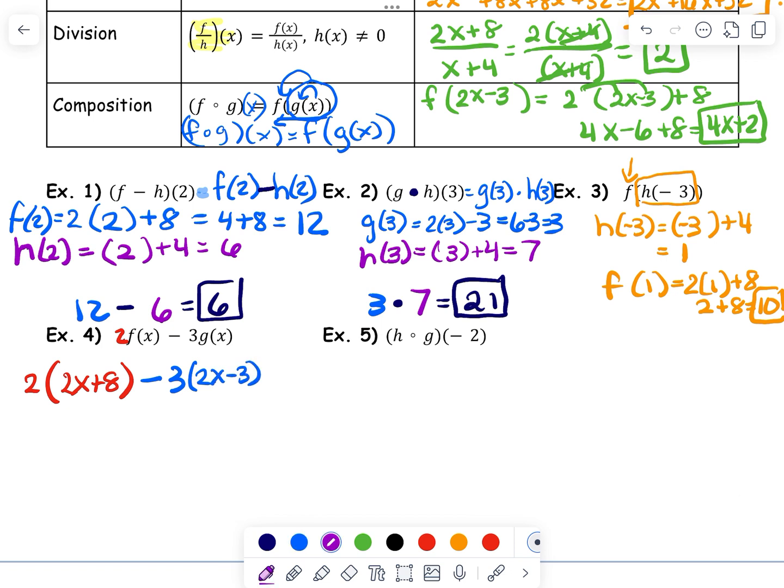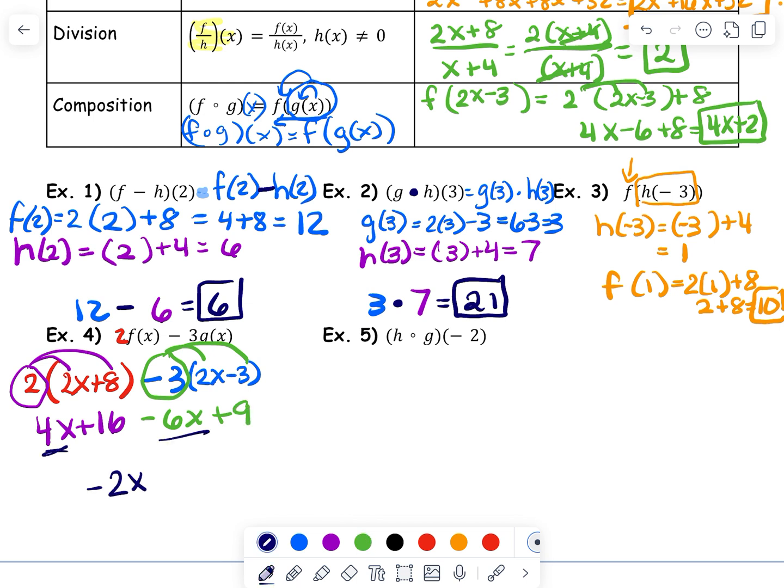So first, we're going to take a 2 and distribute it, 4x plus 16. Then we're going to take a negative 3 and distribute it. So we're going to get negative 6x plus 9. And all we're going to do now is add like terms. This guy will make negative 2x, and this guy is going to make 25.